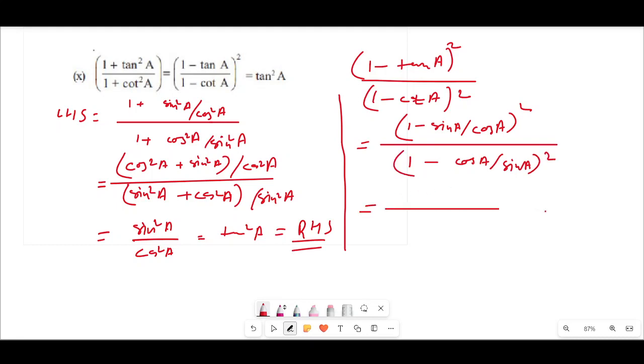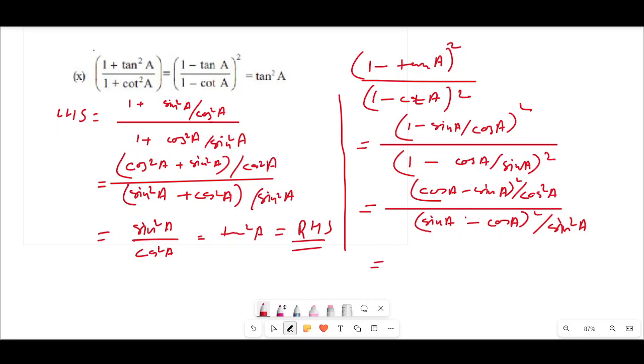This will be cos A minus sin A whole square upon cos square A. Here sin A minus cos A whole square upon sin square A.